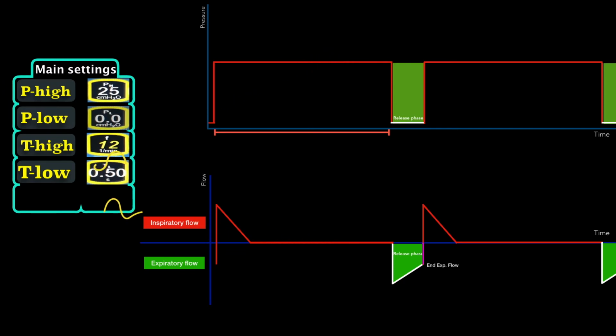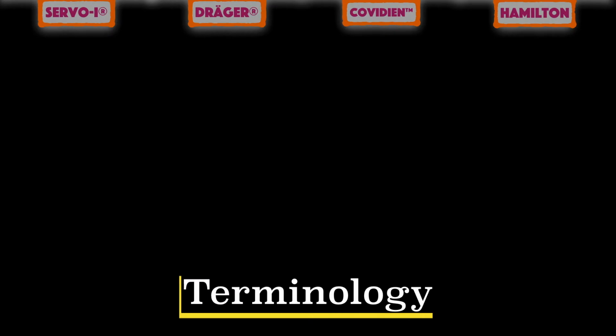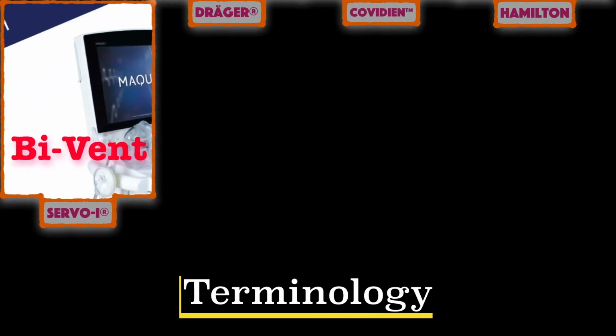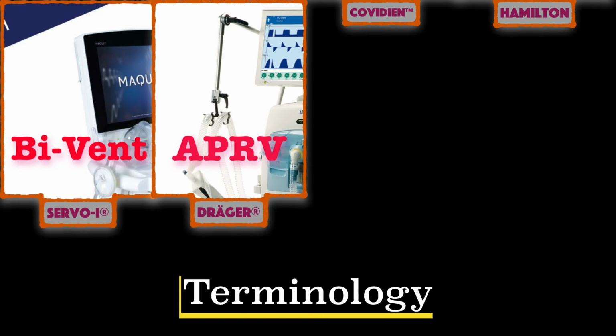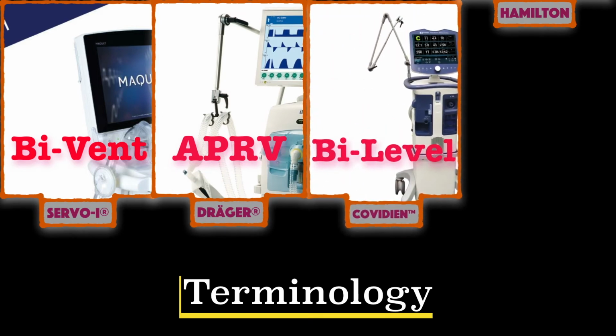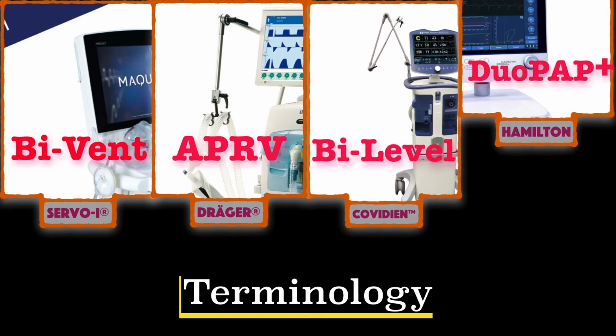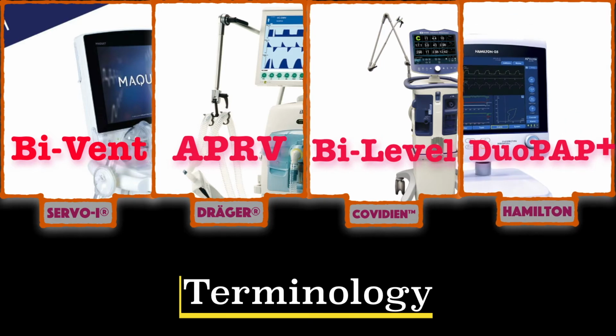Tube compensation must be turned on to support spontaneous breathing. APRV has different names depending on the manufacturer's choice of terminology and copyrights. Let's discuss the settings in detail.